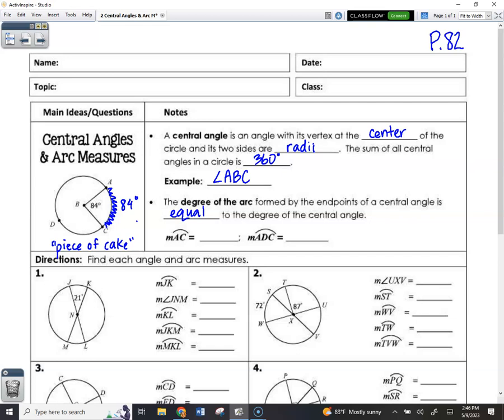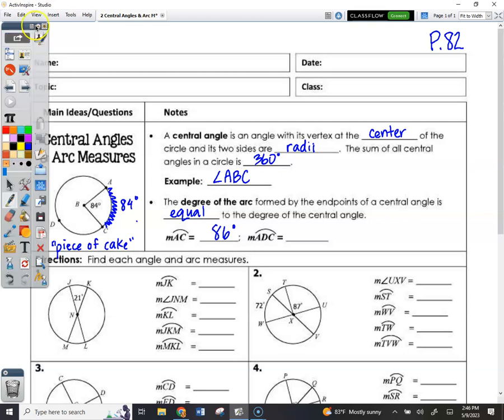Now, right here, this little M stands for the word measure. This means the measure of arc AC, and it would be 86 degrees. Oh, 84. Sorry, I didn't mean to do 6. 84 degrees. Now, I need you to focus your attention on the entire circle itself.